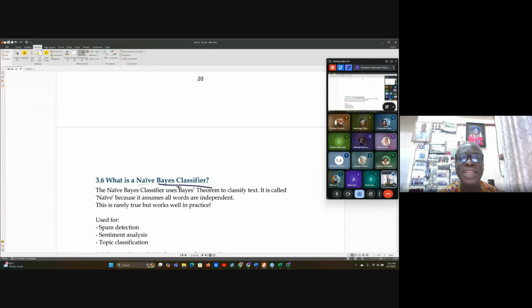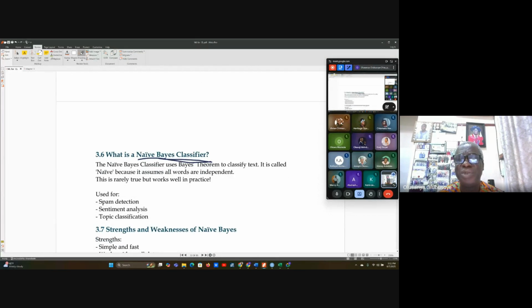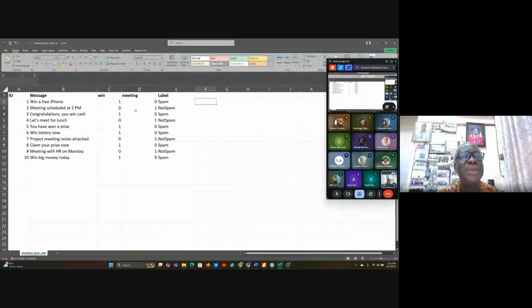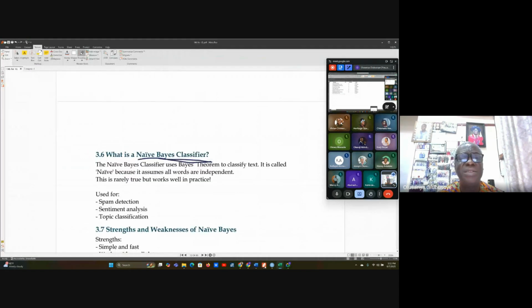We have the naive Bayes classifier to be able to say, okay, if I get another message, will I be able to predict whether that message is a spam or not? That's what the Bayes classifier will help us to do.